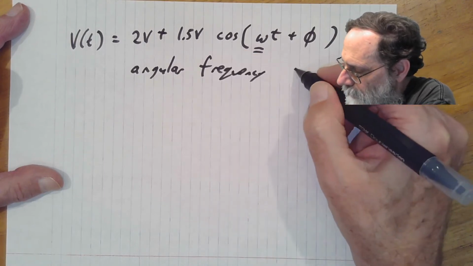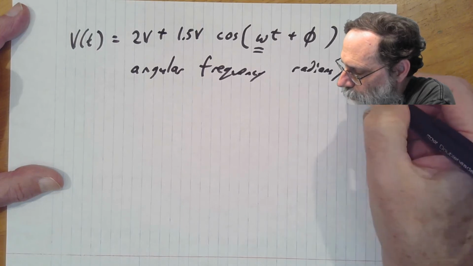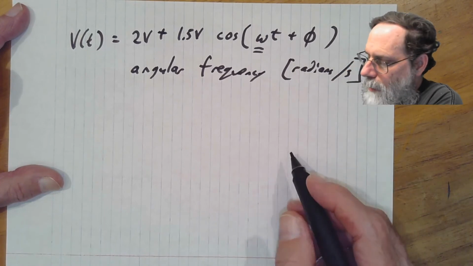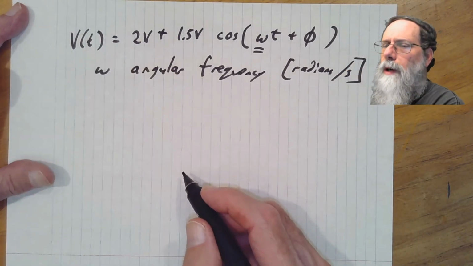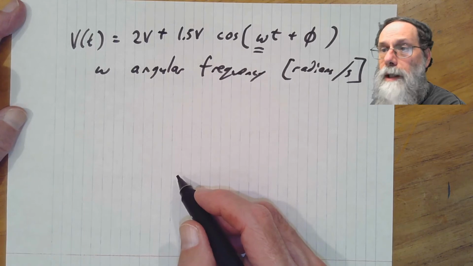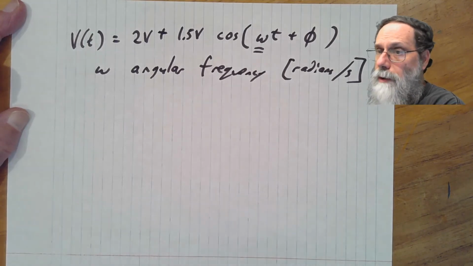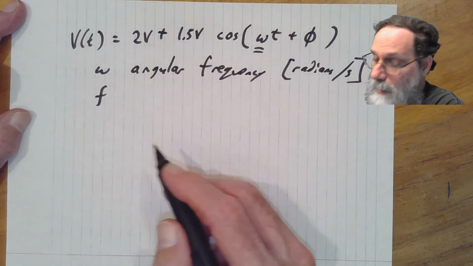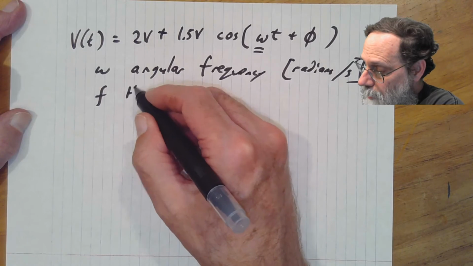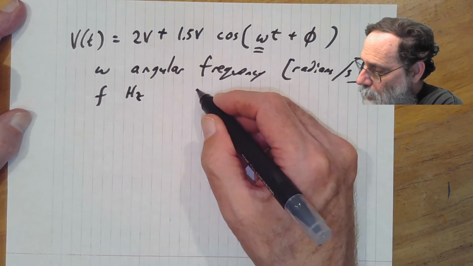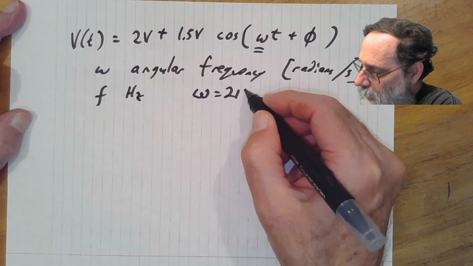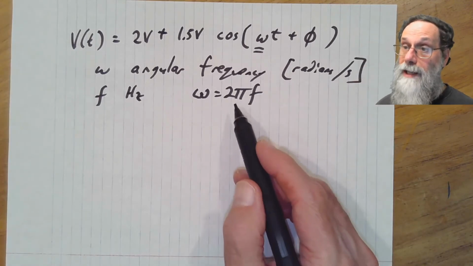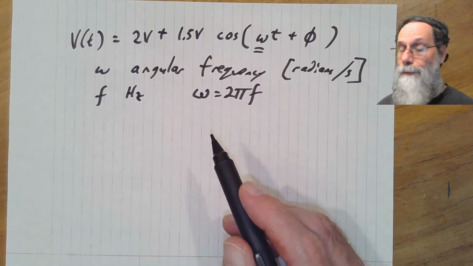And it is given in radians per second. We also, however, are often interested in frequency in a different unit, which is full cycles per second, or hertz. So if we want frequency, usually abbreviated F, in hertz, we can write that omega is 2 pi f. The 2 pi is how many radians there are in a full circle.